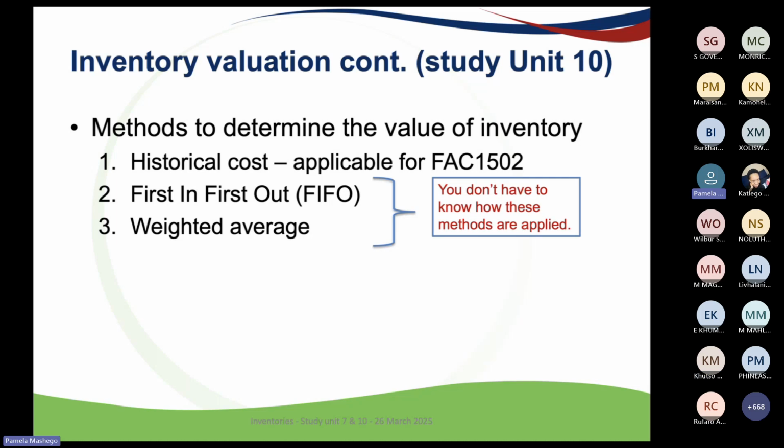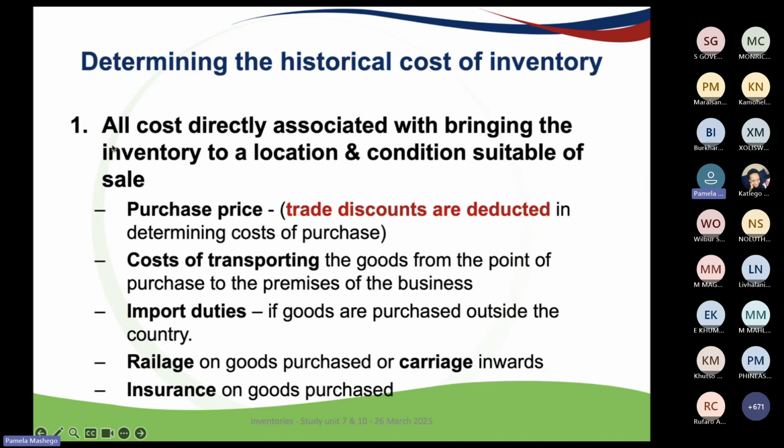Right. Okay, as I was saying, lucky for you guys, you don't have to know how number 2 and number 3 are applied. We're only going to test you on the historical cost. So what is the historical cost? Historical cost is the original purchase price of your inventory, which includes all the costs that are directly associated with bringing the inventory to the location and condition suitable for sale. For example, you bought your battery from China, so you're going to have the purchase price.